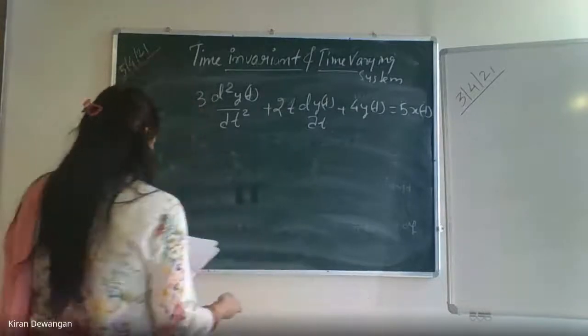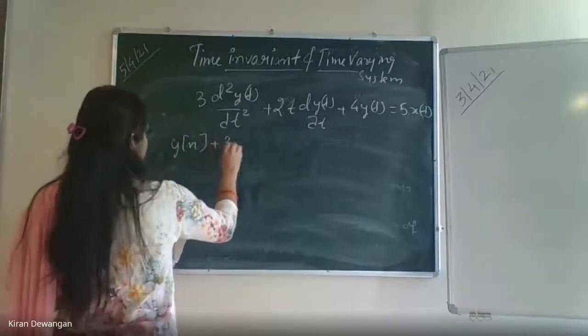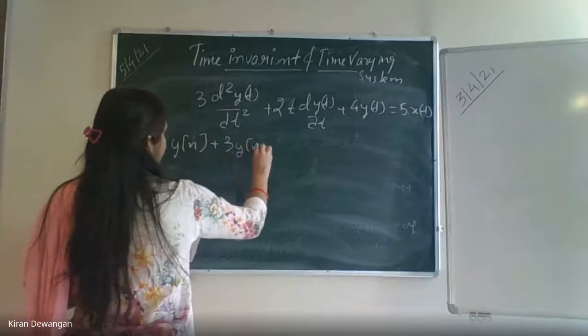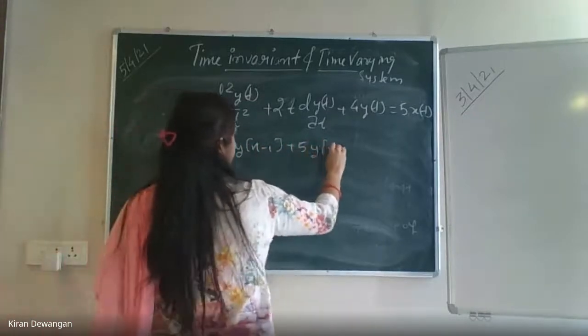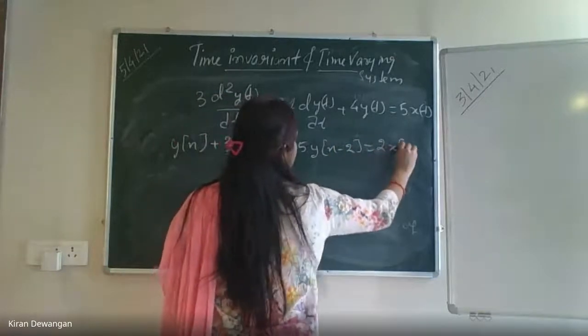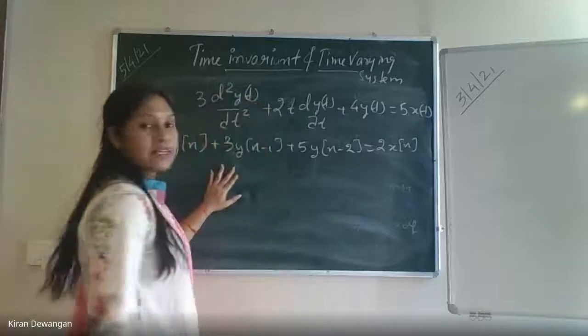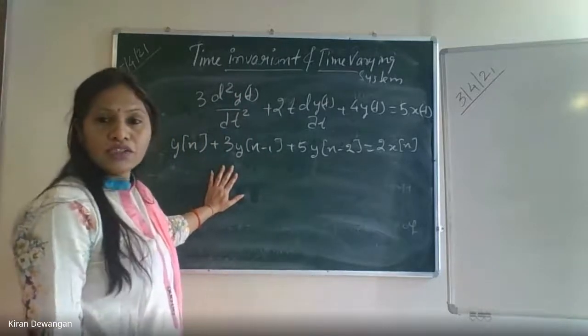So that is how we decide whether the system is time variant or invariant. Now if I write y(n) plus 3y(n minus 1) plus 5y(n minus 2) is equal to 2 times x(n). This one is in discrete. Now tell me whether it's variant or invariant. Invariant.